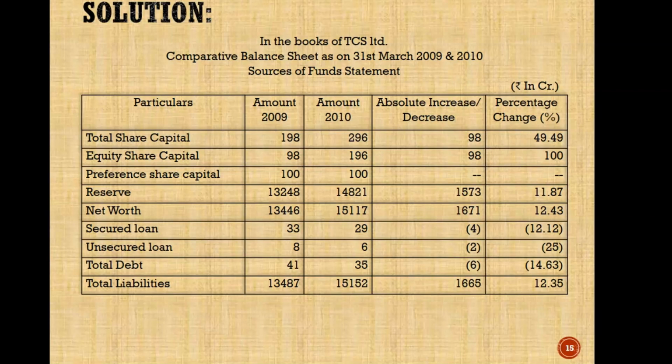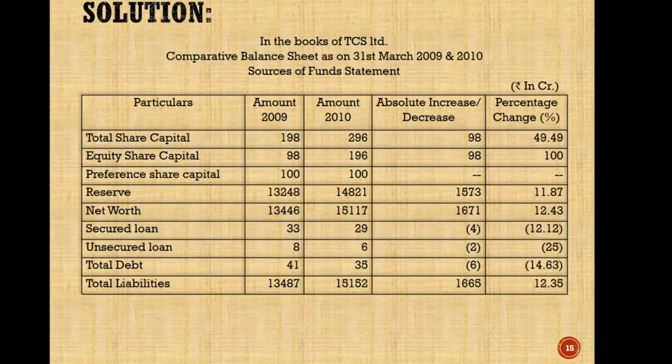So absolute increase or decrease divided by previous year amount into 100 gives us percentage change. And here it is 49.49. There is no need to show the percentage sign because on the top we have already written that it is in percentage. Like this, we have to calculate for all the figures, all the particulars, all the line items.